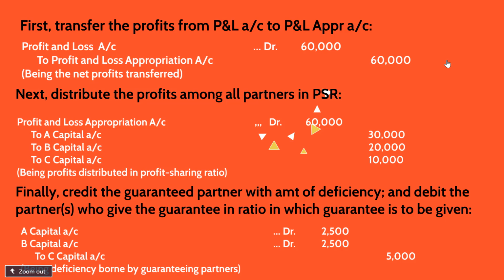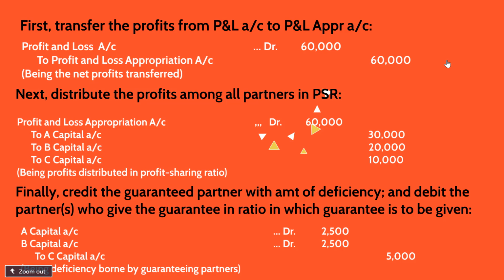So we'll debit A's capital account and B's capital account with rupees 2,500 each. So the journal entry is A's capital account debit rupees 2,500, B's capital account debit rupees 2,500 to C's capital account rupees 5,000 for the deficiency borne by the guaranteeing partners.